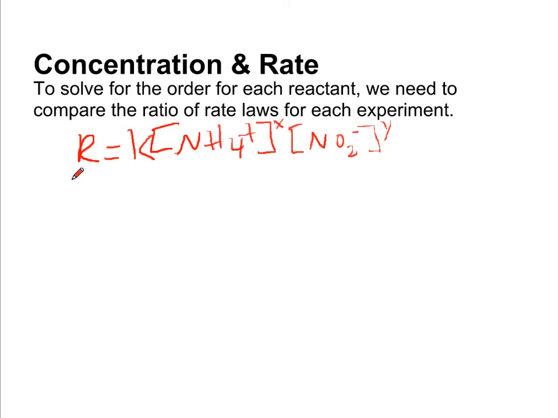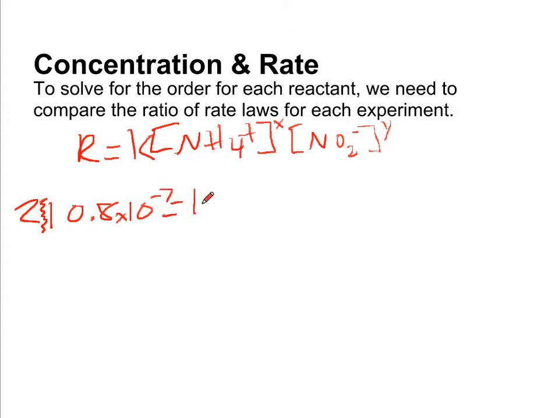When you are doing this ratio, it's easiest to put the experiment that had the larger rate value on top so that you end up with numbers greater than 1. So what we'll do is we'll compare experiments 2 on top and then 1 on bottom. So the rate for experiment 2 was 10.8 times 10 to the negative 7th.